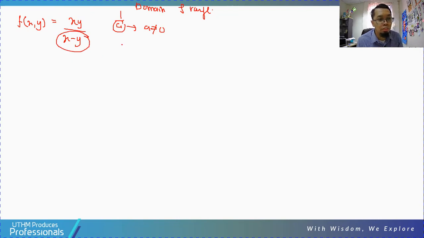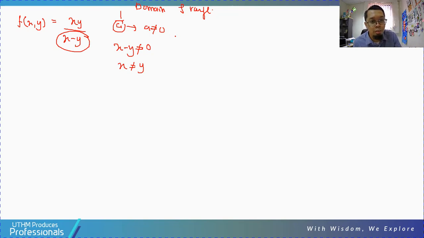So you know x minus y must not be equal to 0. So you know the x tak boleh sama dengan y, not equal to y. So except here, that is the value for the domain. That is the possible value for the domain.